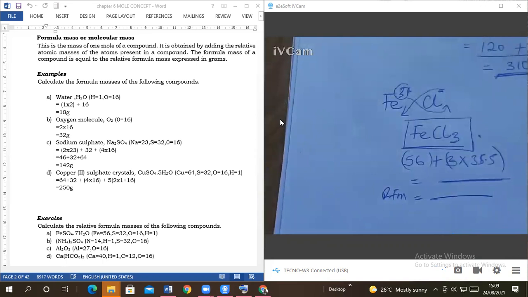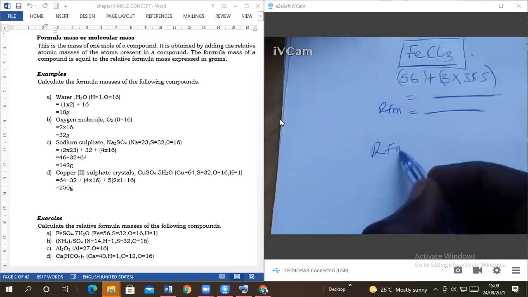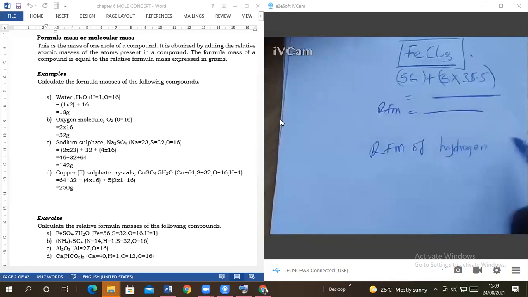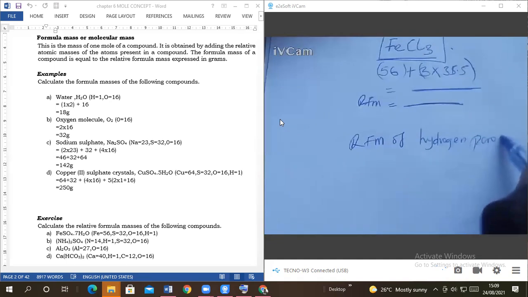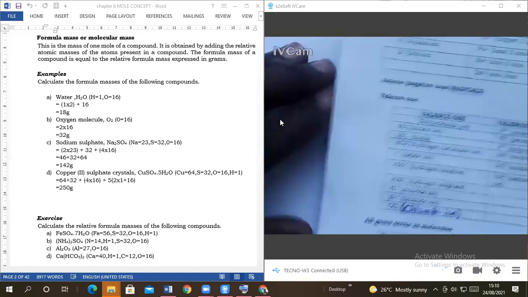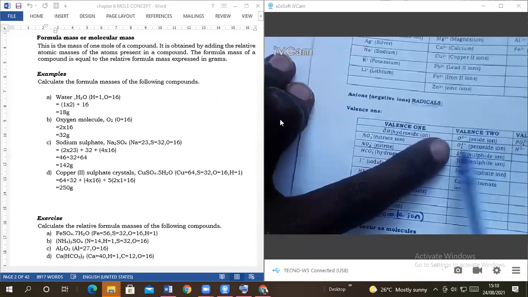Let's take this question here. I want the relative formula mass of hydrogen peroxide. Let me show you the paper so that you will not fail to get what I want. Peroxide is there, here. Write it.